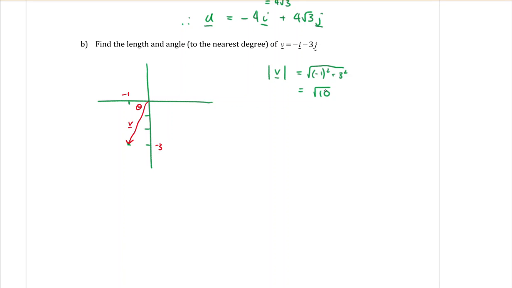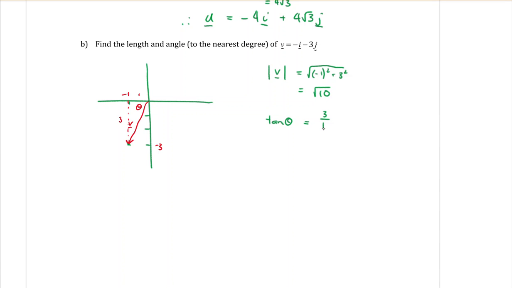Then I want to find my angle. Remember, I found the length. For the angle, we can use tan. If you need to, draw your triangle on there. This opposite side here is 3, and that length there would be 1, just the length. Don't worry about the minus sign. So tan of theta, my opposite is 3, my adjacent is 1.